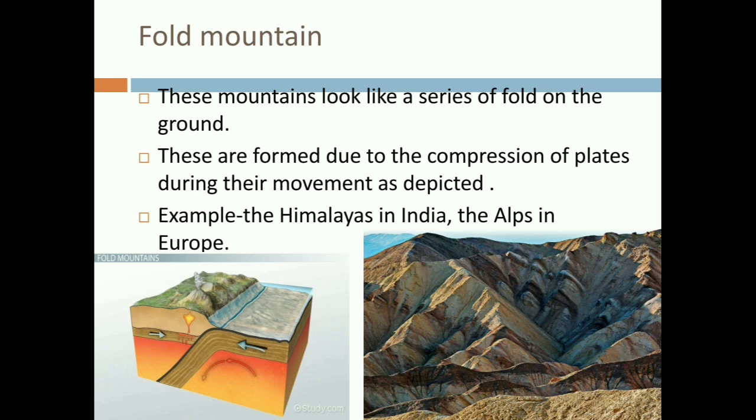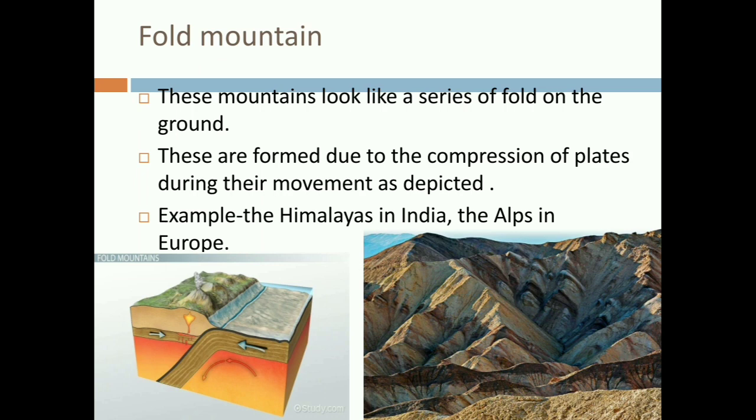It will rise into folds at many places. This is what the fold mountains would look like. The Himalayas in India, the Alps in Europe, and the Andes in South America are examples of such fold mountains.